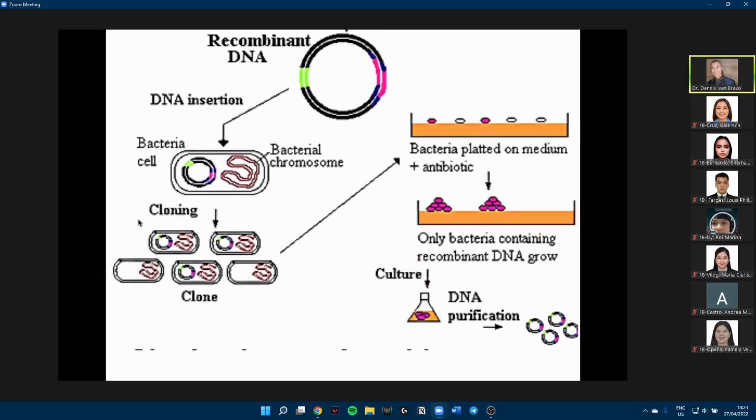Just the same, these microorganisms will also be subjected to a test. They will be placed in a hostile media, a media that contains antibiotic. These microorganisms, do you think they will survive in this media? Yes or no?